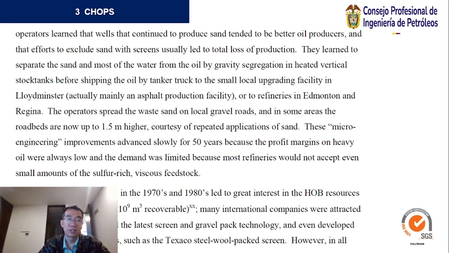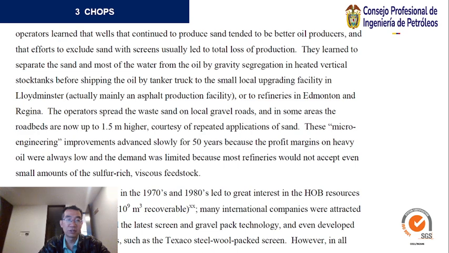The operators spread the waste sand on local gravel roads, and in some areas the roadbeds are now up to 1.5 meters higher, courtesy of repeated applications of sand.